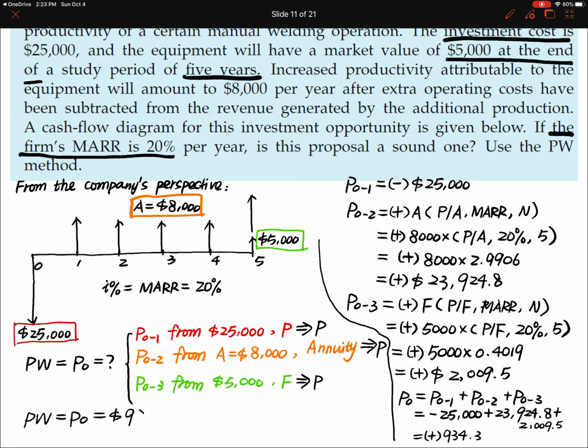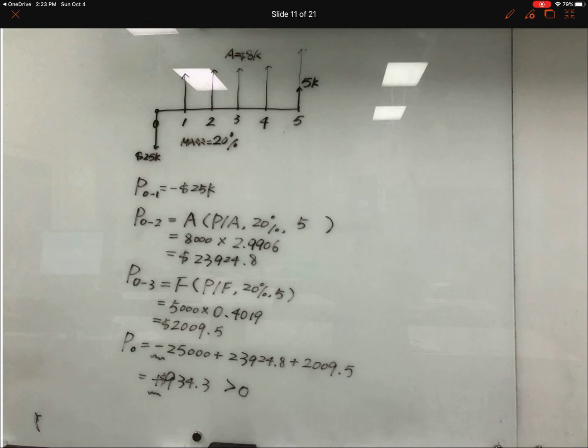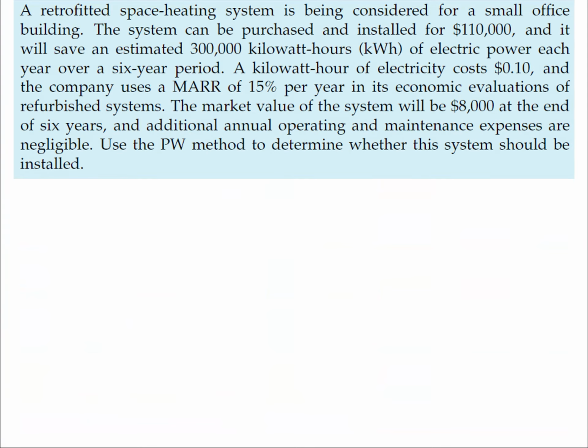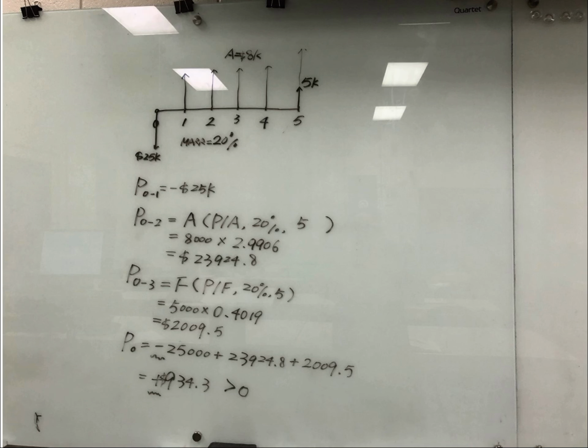So your PW is P0, which is a positive number, 934.3. It is bigger than 0, obviously, which means this project is a sound one. Okay, so that is your conclusion. Make sense?